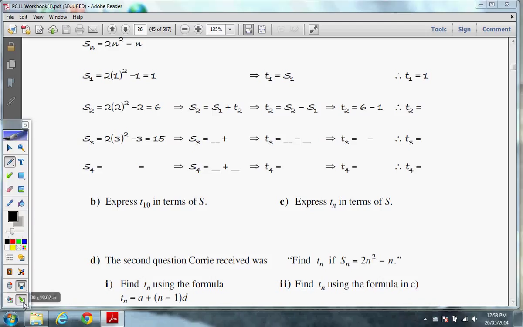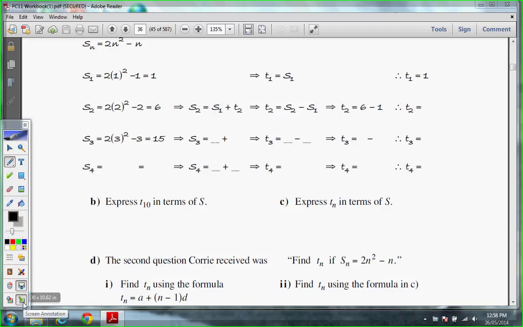They tell us that our S of n is 2n squared minus n. Then they plug in 1, and they get 1. So my T of 1 is always S of 1. Your term 1 is always series 1. That's always the case, right? If you have one term, your series is that one number. Now go to the second one, though.